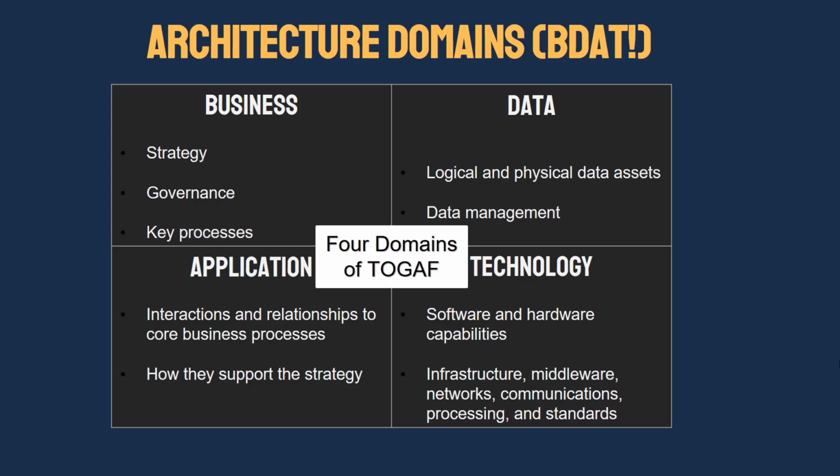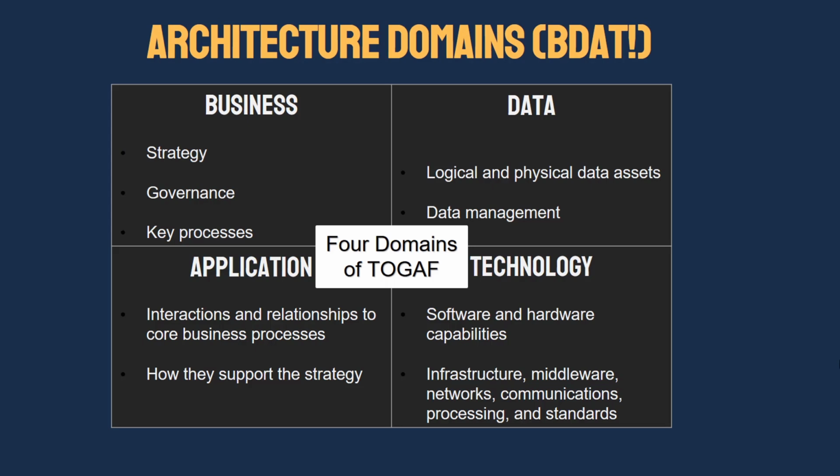and ready for systems to use. The application domain talks more about the interaction and relationship to core business processes and how they support strategy. Applications is more people oriented and skills oriented rather than IT oriented. The last one, technology, is where the applications and technology exist.